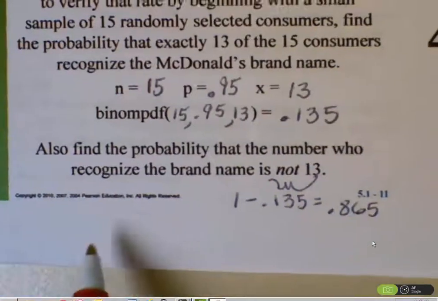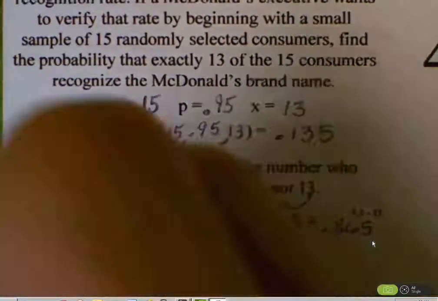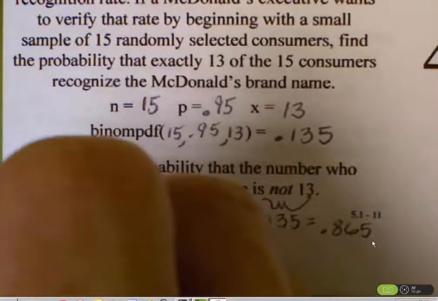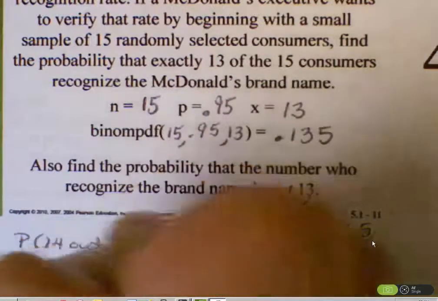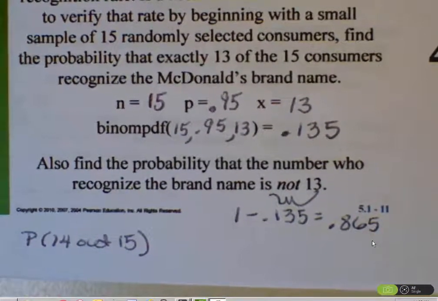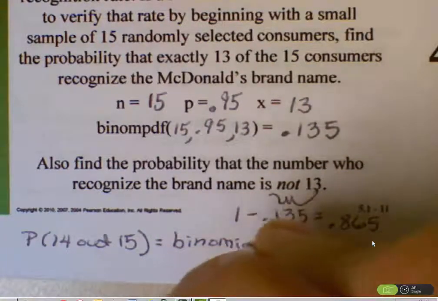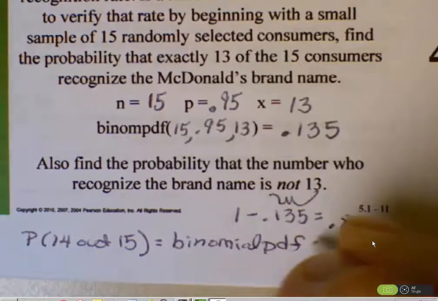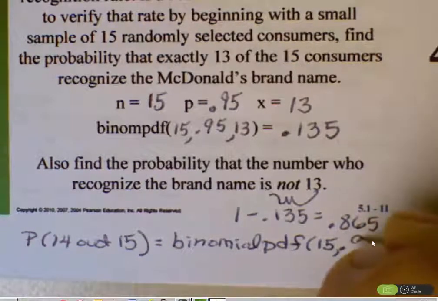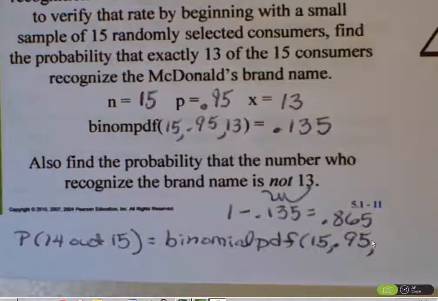Let me put just a couple of other problems down here at the bottom. What about the probability that 14 out of 15 recognize the name brand McDonald's? To get the probability of 14 out of 15, I would enter binomial PDF out of 15 people, each having a probability of 0.95 for recognizing the name brand of McDonald's.